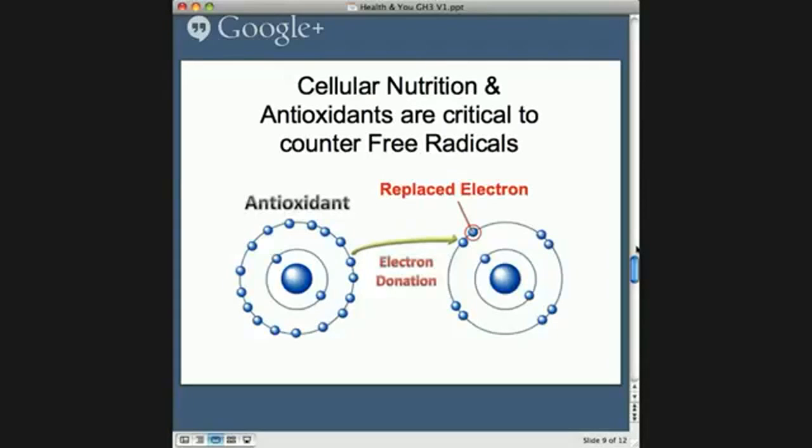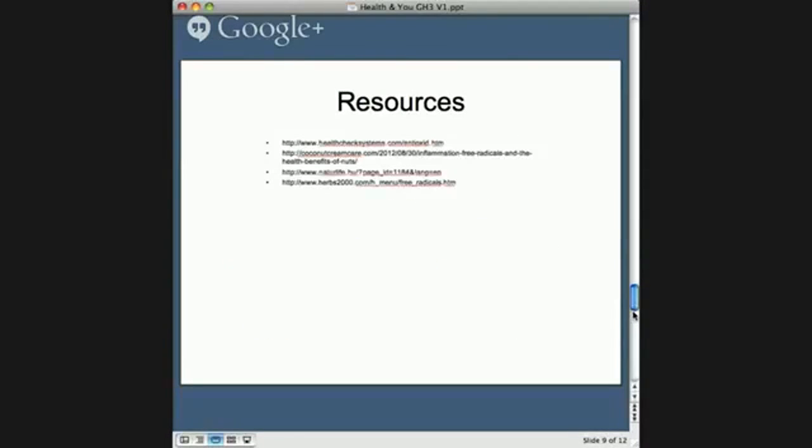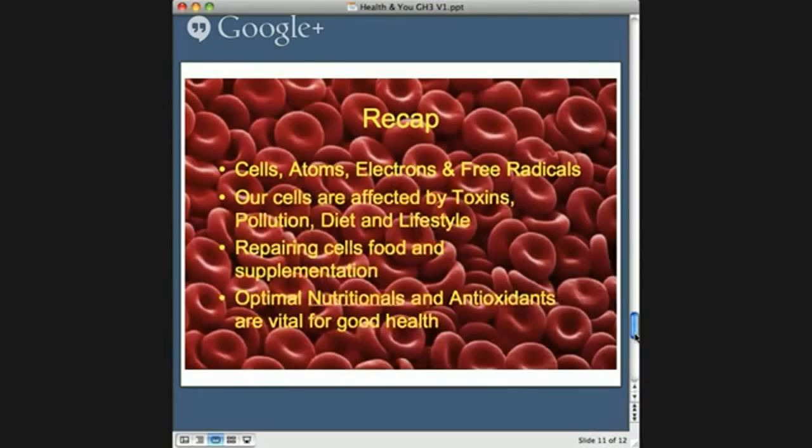Antioxidants don't have this issue of needing to get to 8 because they're already balanced, and their structure is such that they can donate electrons to other molecules and cells. So let's just recap. Cells, atoms, electrons, free radicals: basically, when an electron breaks off, that atom or cell becomes a free radical.